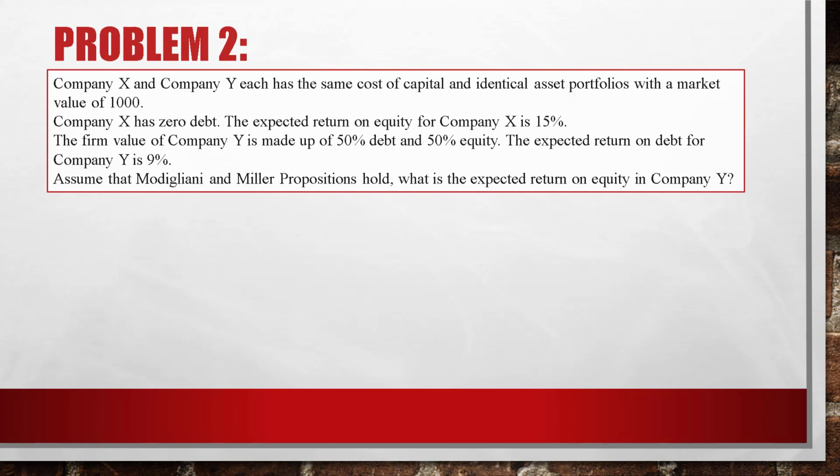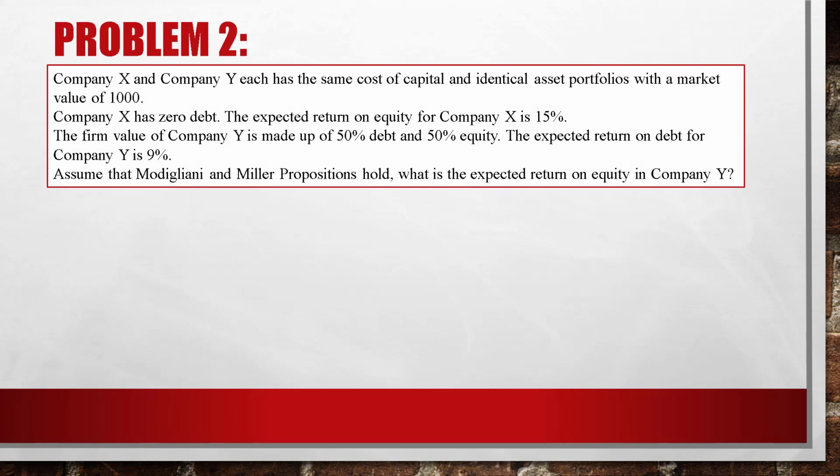Just to recall, the proposition in this case is proposition 1 because there's no tax involved. And the proposition holding means we can apply the weighted average for the cost of capital.